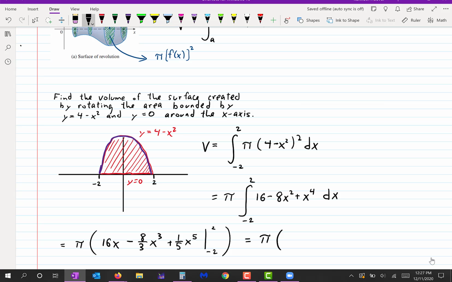So it's 16 times 2 minus 8/3 times 2 cubed is 8 plus 1/5 times 2 to the 5th is 32. Okay, so that comes out to equal 256 over 15.